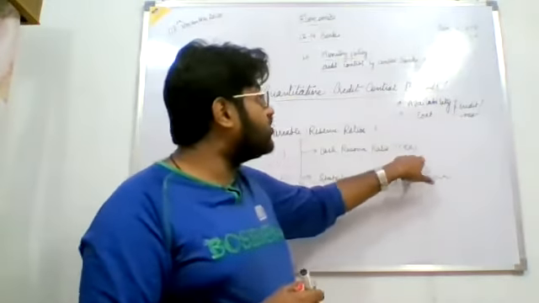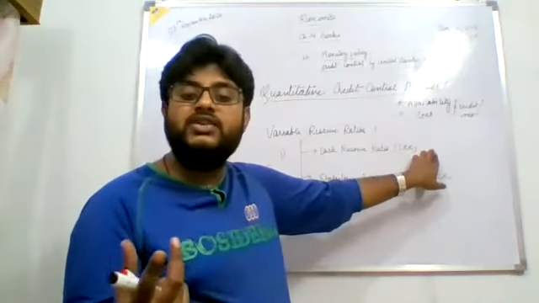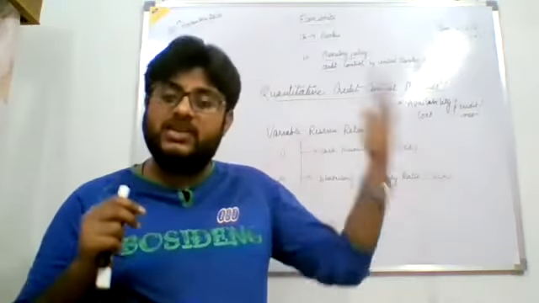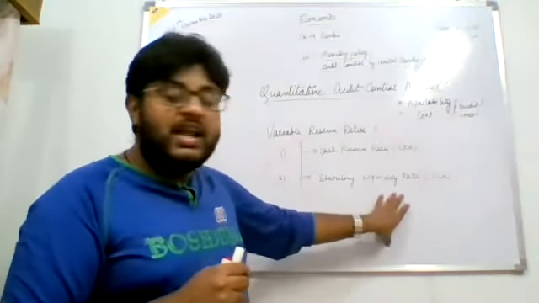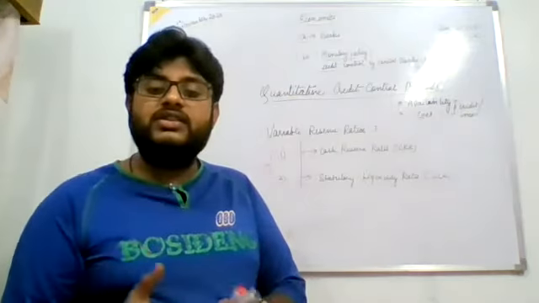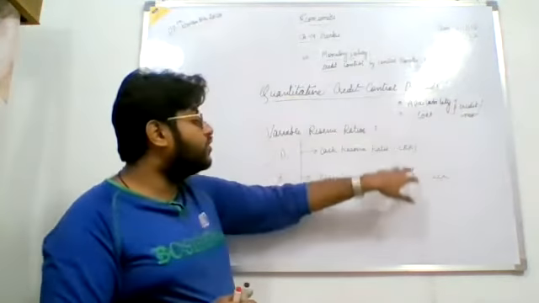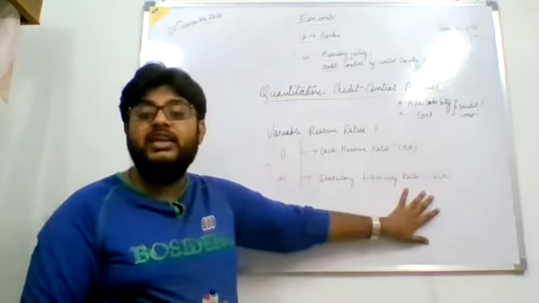So cash reserve ratio is the part of the deposits of the commercial banks that they have to keep with the central bank, and this SLR is the part of the deposits that they have to keep with themselves. And both things they are liable to do by law.